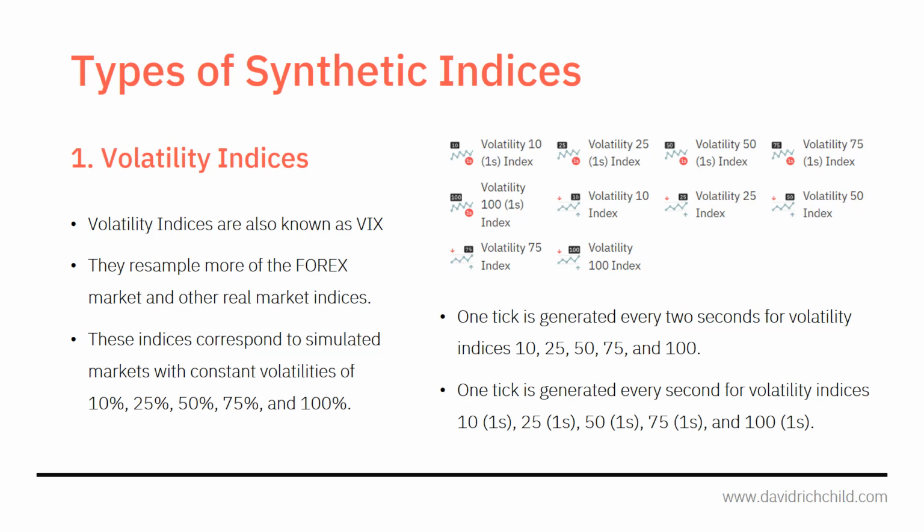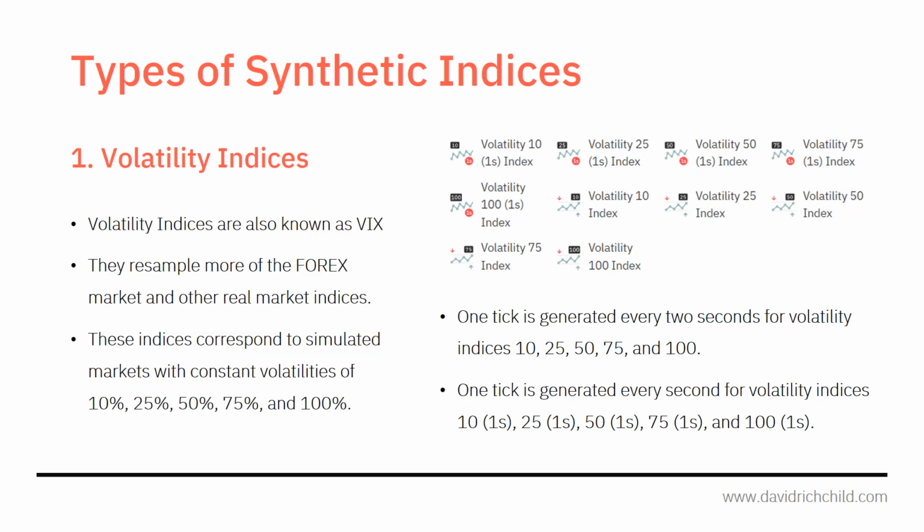They move almost the same as forex. If you open the chart of synthetic indices from the 1 minute chart to even the 24-hour chart, you can see that they resemble how forex moves. So it's very easy for you to use your forex strategies to trade the volatility indices.